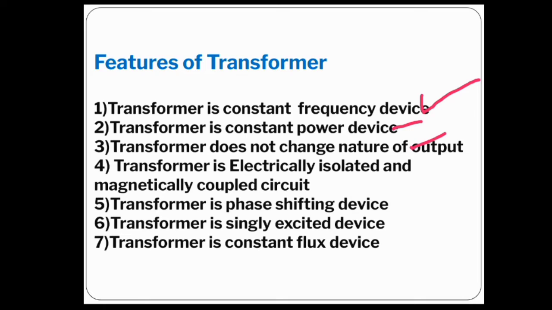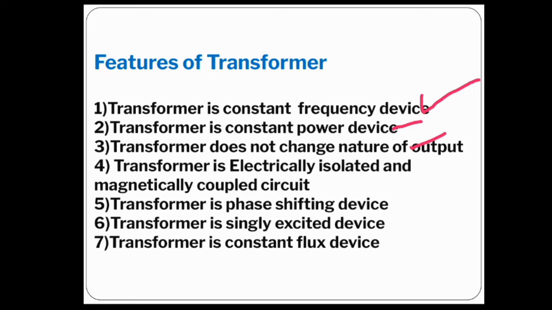Okay, so next, transformer is an electrically isolated and magnetically coupled circuit. Yes, the transformer does not connect electrically. It has two windings. One winding is called the primary winding and the second one is called the secondary winding. The transformer transfers the power from primary winding to secondary winding.